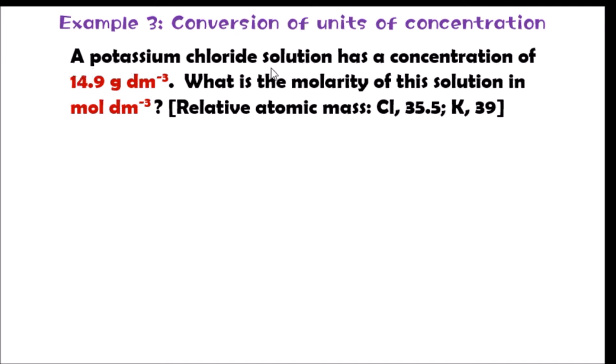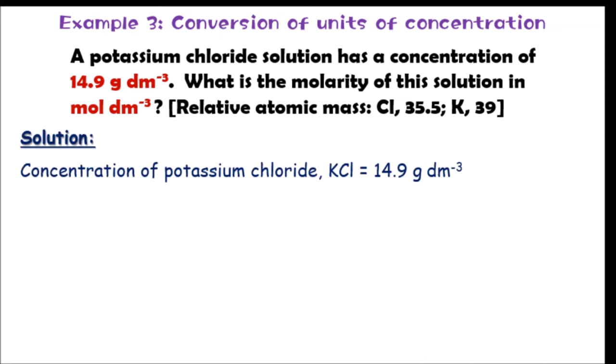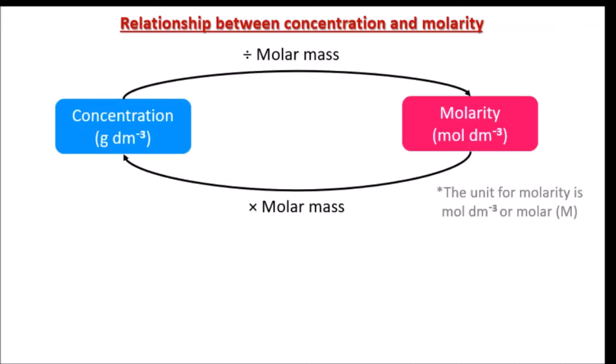Do you still remember the relationship between the concentration and molarity? Alright, so this is the relationship between the concentration and molarity. If we are given the concentration, we need to change it into the molarity. We need to divide the concentration by molar mass.